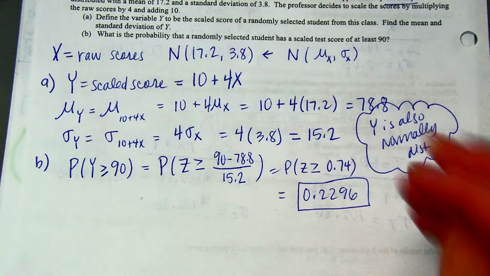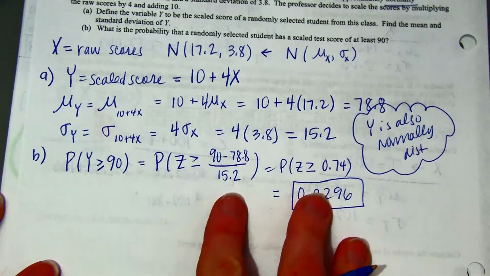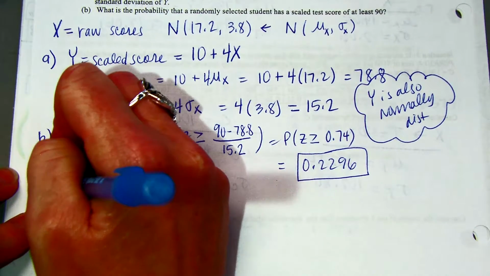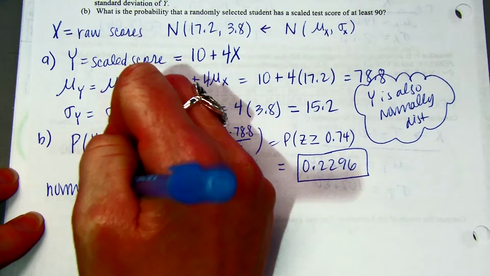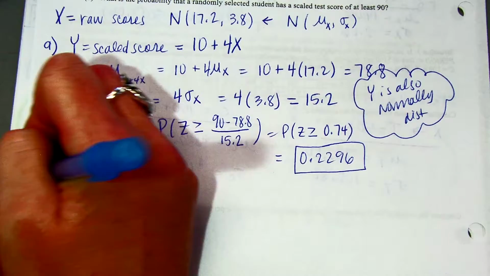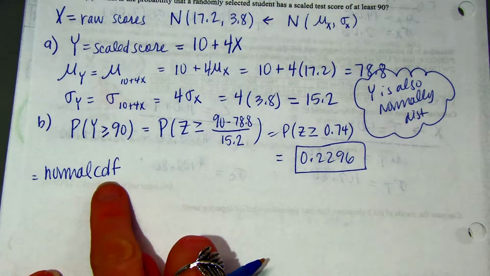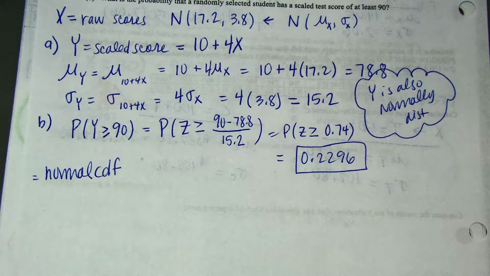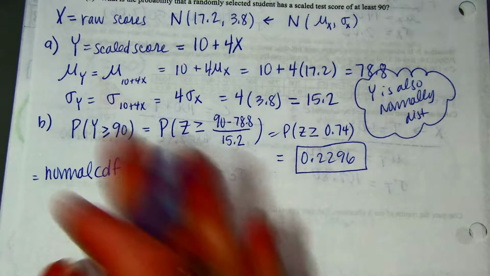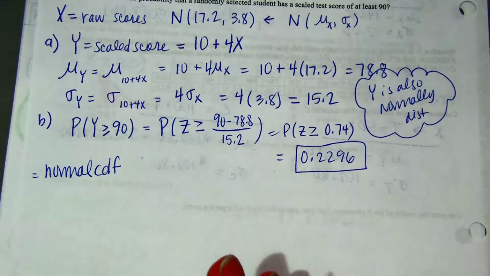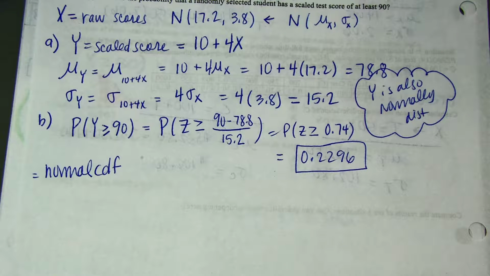Okay, so you always have this fallback. Yes, of course, you can go to the normal CDF. But if you forget, if you're not sure, you can't remember how to get there on the calculator, remember that you still have your formula sheet. Normal distribution means table A means z-scores.